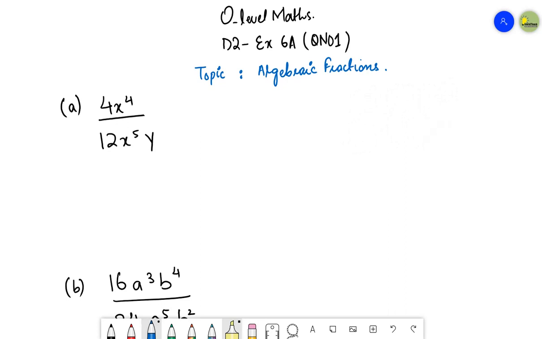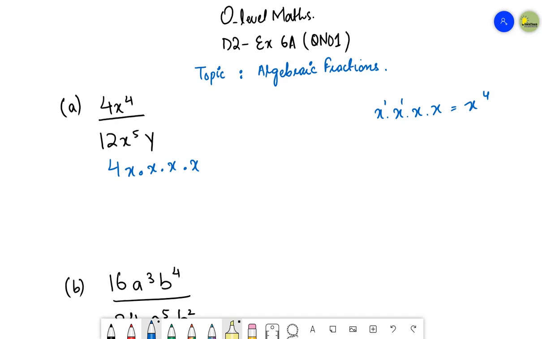Okay, so first of all, let me expand this particular fraction for you so that you can easily understand the cancellation. The number 4 will be written as it is. X to the power 4 means that x will be written 4 times. When the variable x is going to multiply 4 times, then it corresponds to x raised to the power 4.